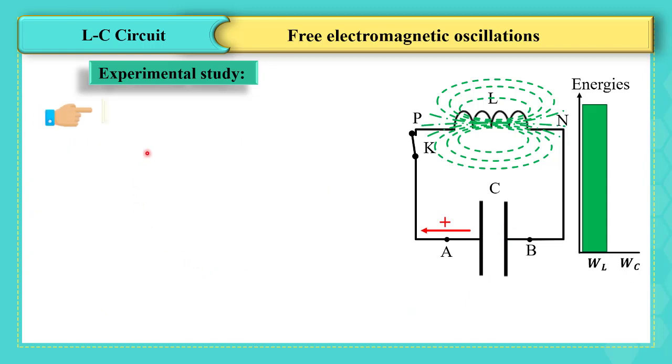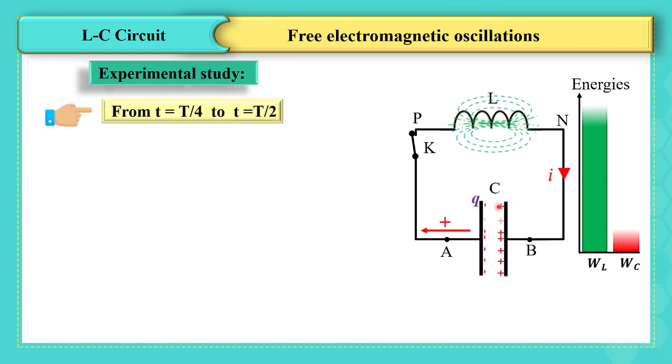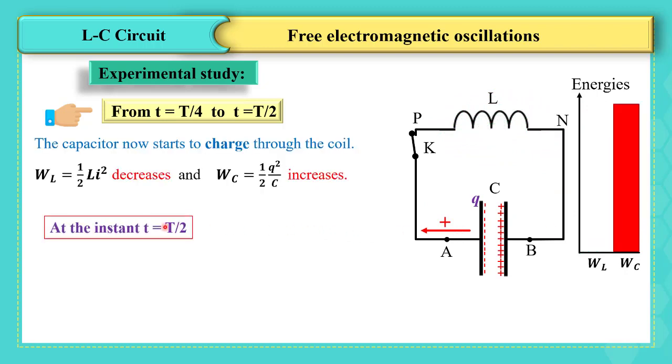Now, during the second part, the current will decrease and the coil is releasing energy. The capacitor is now absorbing that energy and being charged again. So the magnetic energy now is transforming into electrical energy.